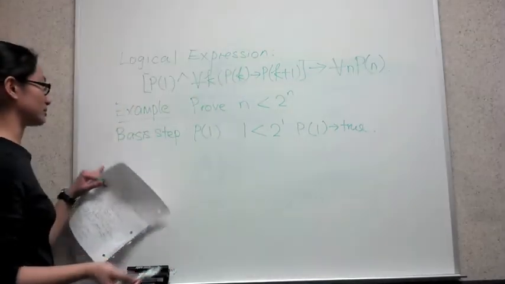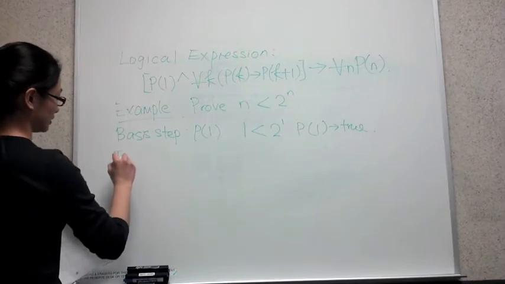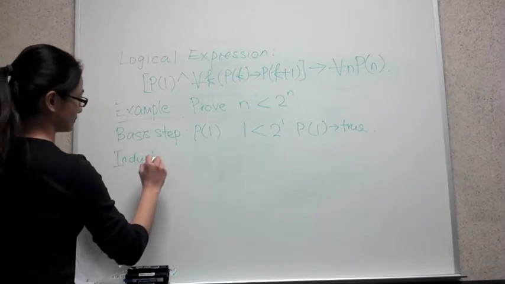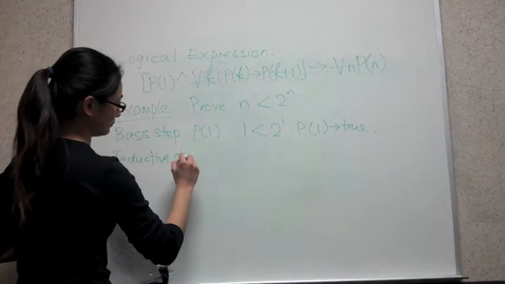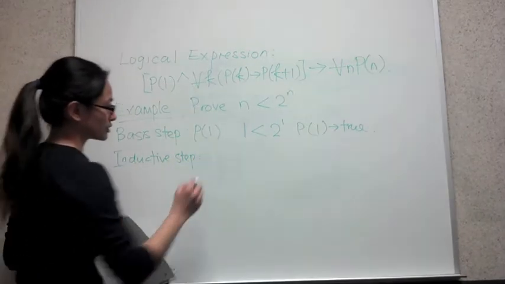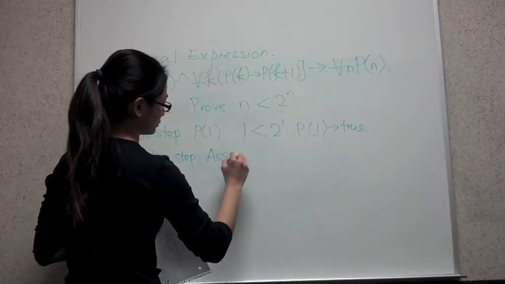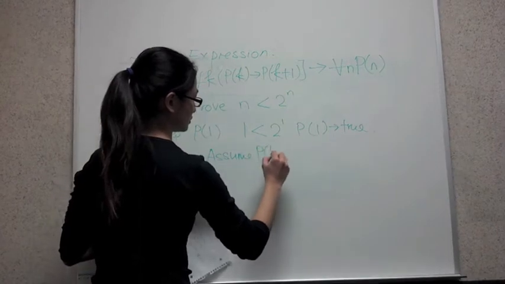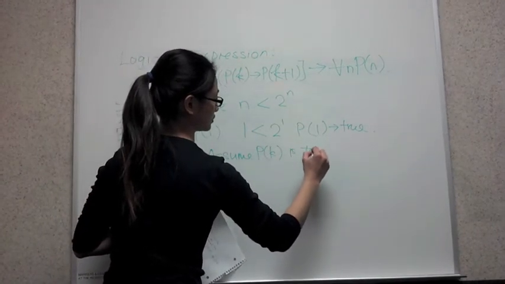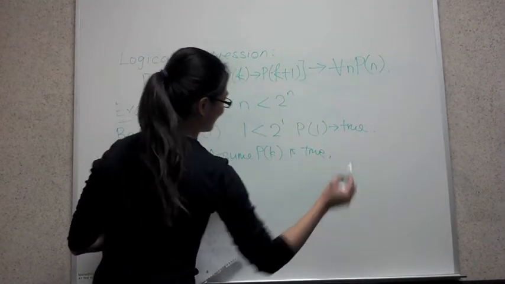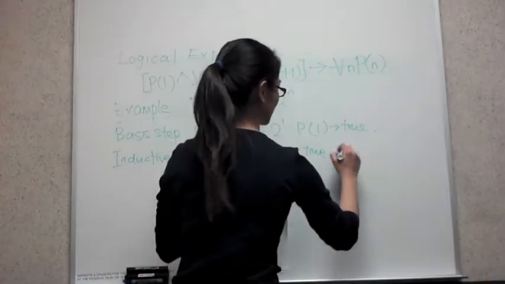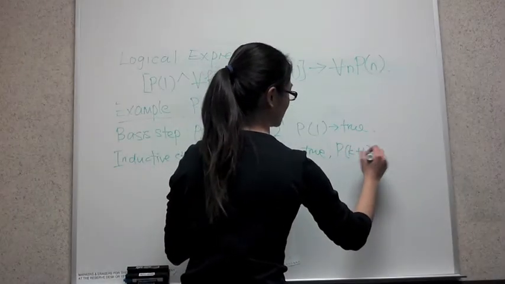Now that we have verified the basis step, we'll proceed to the inductive step. We assume that pk is true. And now we need to show that pk plus 1 is also true.